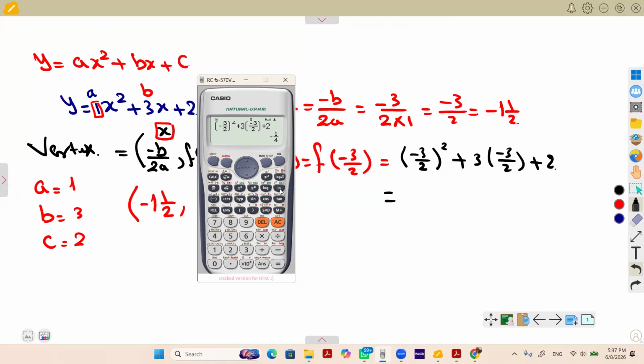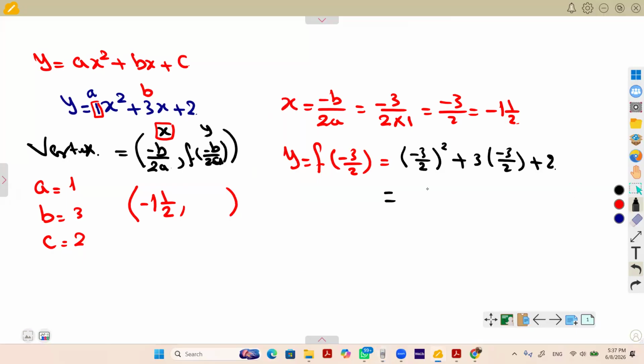Equals negative 1 over 4. So the vertex here is negative 1.5 and negative 1 over 4.